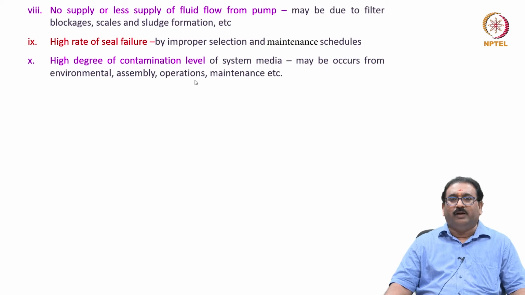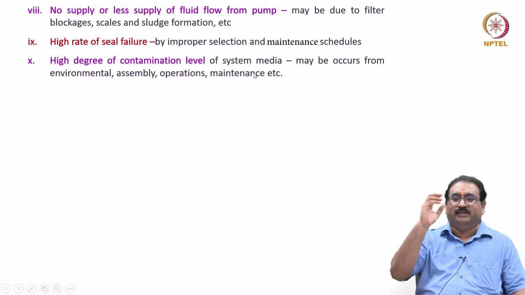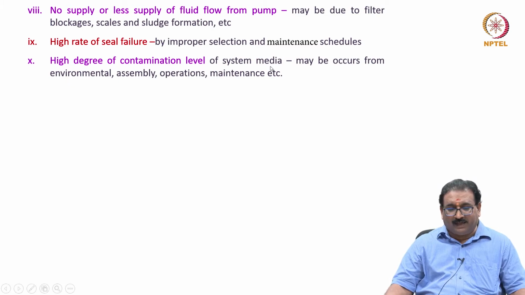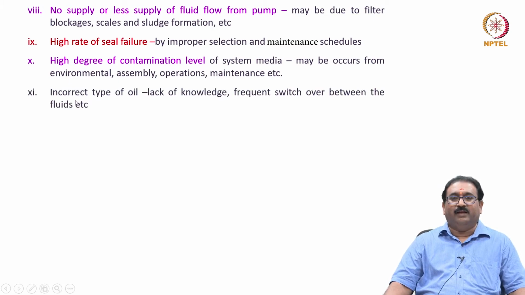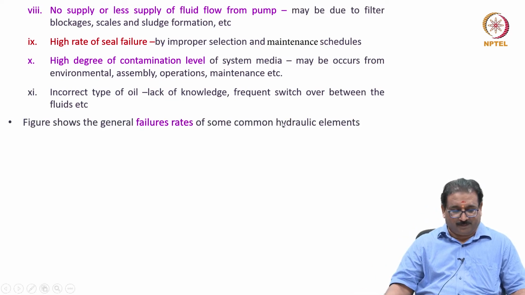And also during the maintenance, the environmental dust particles may enter the system. This is also the main reason. Incorrect type of oil. This may be due to lack of knowledge, frequent switchover from one working fluid to another. This is also affecting the performance.